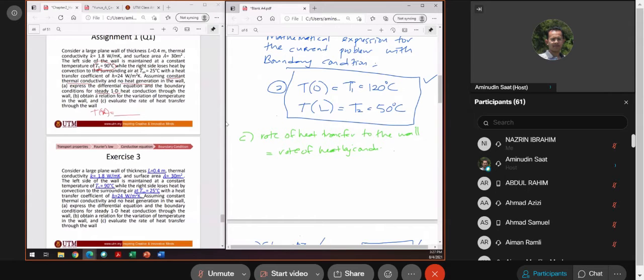Sorry for my nice handwriting skill. I hope you can understand this. Rate of heat by conduction, because heat transfer in the wall is only by conduction. Again, there is no convection, there is no radiation inside the wall. So rate of heat by conduction you can get by negative kA dT/dx.